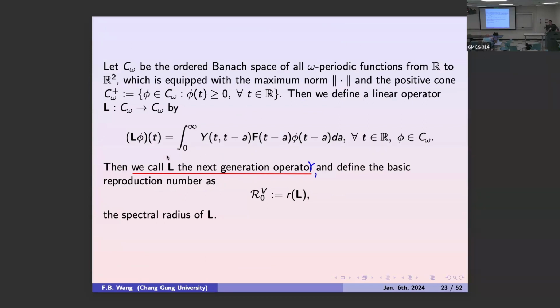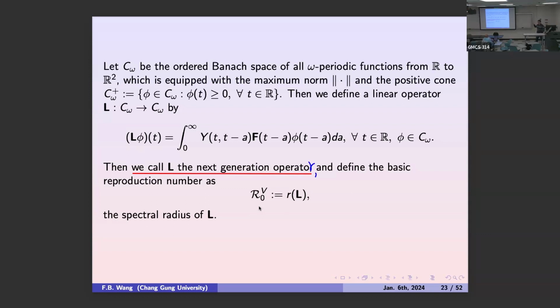So this operator is the next generation operator. It was first proposed by Otto Diekmann and his co-authors. And then we can define the reproduction number as the spectral radius of L, or if it is a matrix, you can just regard it as the eigenvalue.